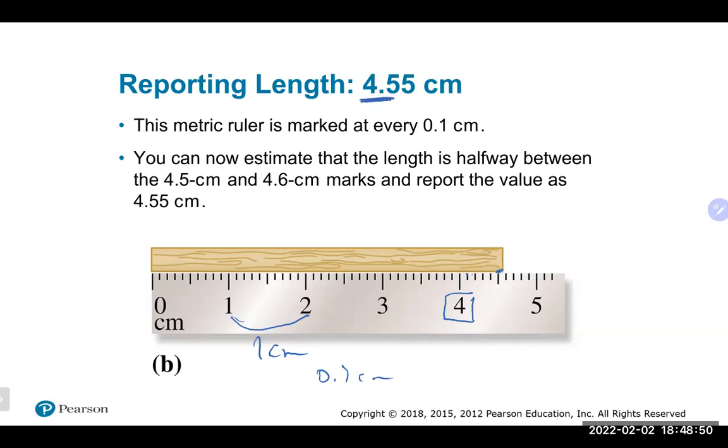Again, here they feel it's maybe not exactly on the 5, maybe it's a little bit over. That would be our first uncertain number. In this case, we could go one more place to the right of the smallest digit, and they recorded 4.55. That would have how many significant figures? 3. It would have 3 significant figures.